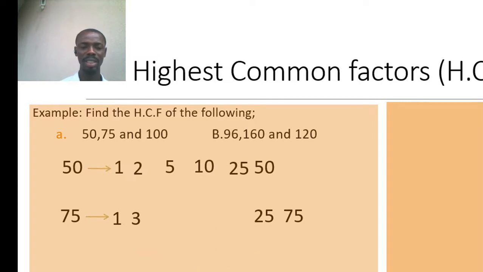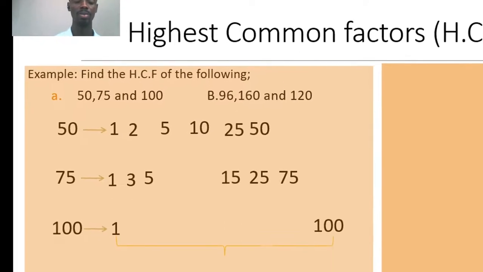After 3, 4 will not divide into 75, definitely. Then let's make use of 5. That's going to be 5 and 15. So 5 multiplied by 15 is going to be 75. Just take note of these pairs as they're coming out. Their product is always 75. And any other number? I'm not sure there is any other. No. Okay.